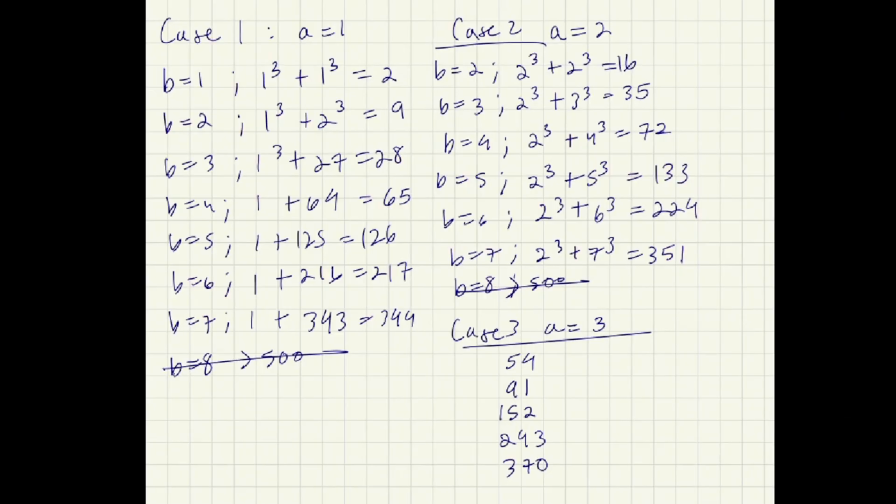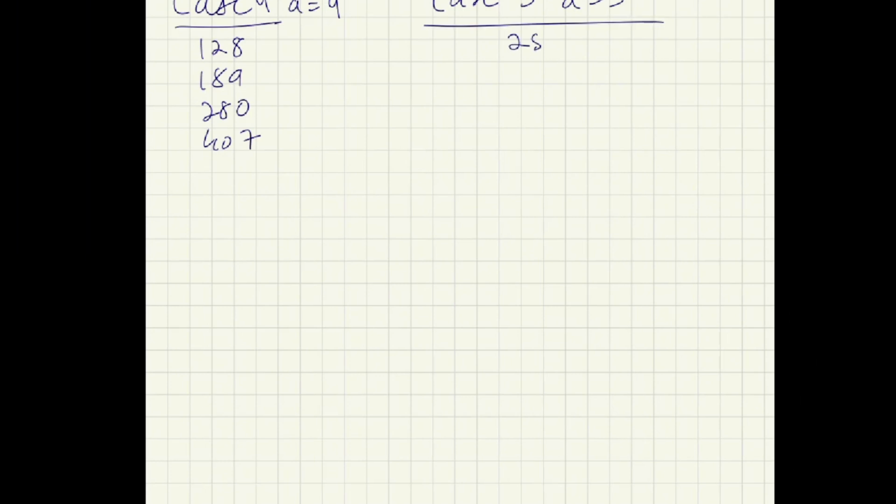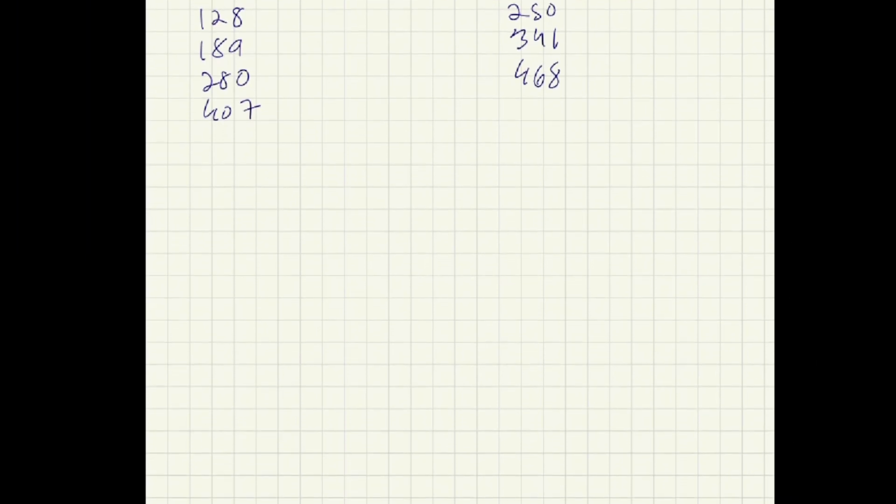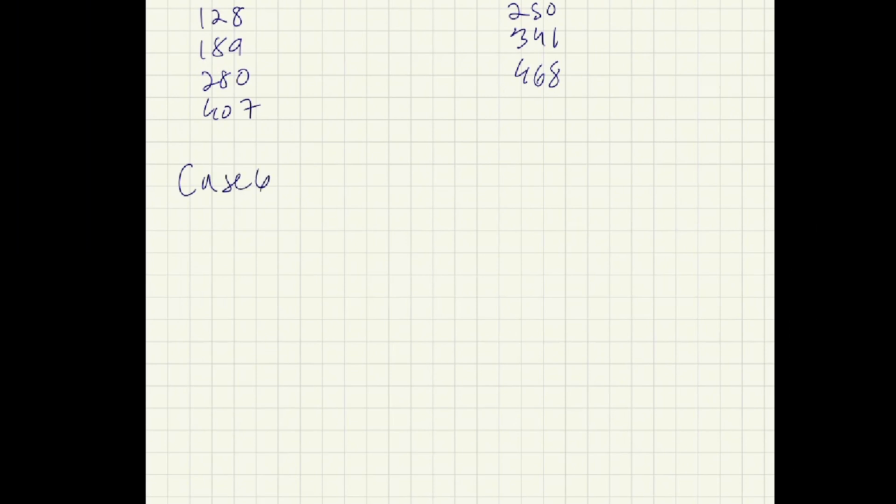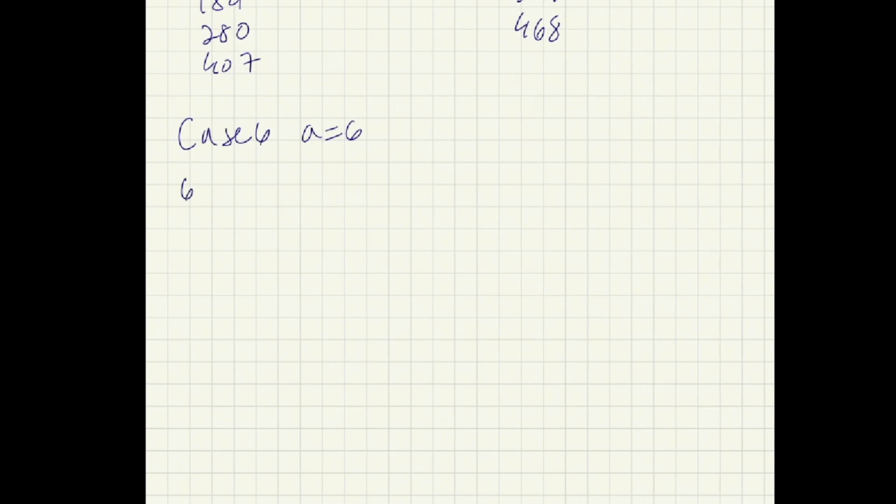That is where case 3 ends. Now case 4, and in a similar fashion we find the solutions 128, 189, 280, and 407. That is case 4. Now case 5, where a equals 5, we get the solutions 250, 341, and 468. That is where case 5 ends. In case 6, where a equals 6, there is only one solution, 6 cubed plus 6 cubed, which is 432.